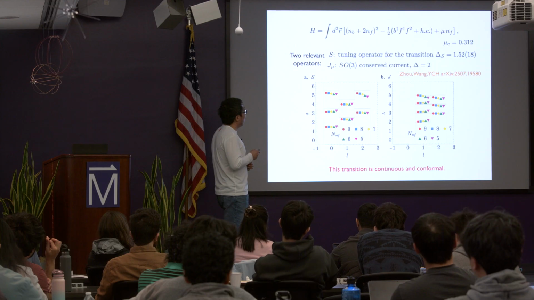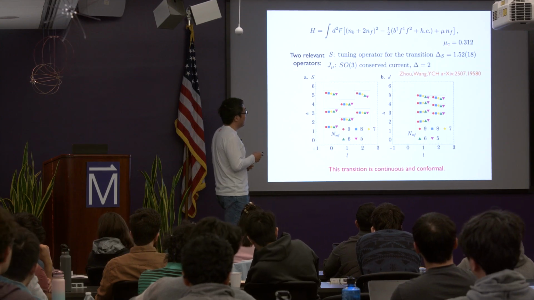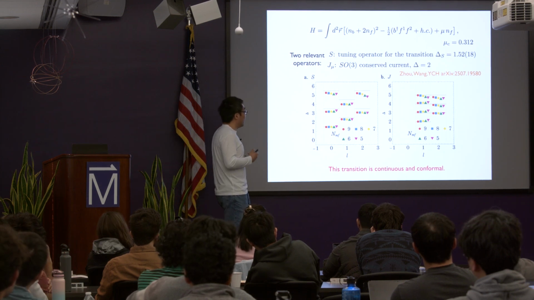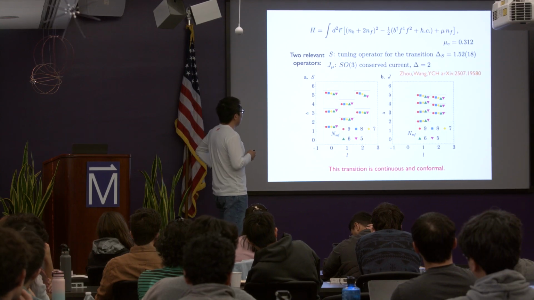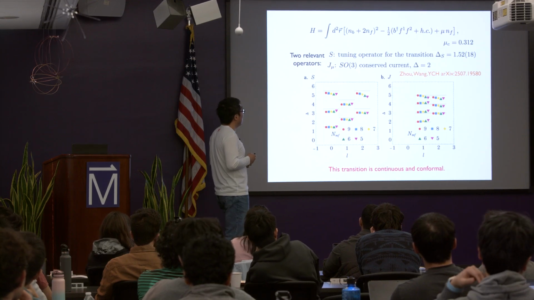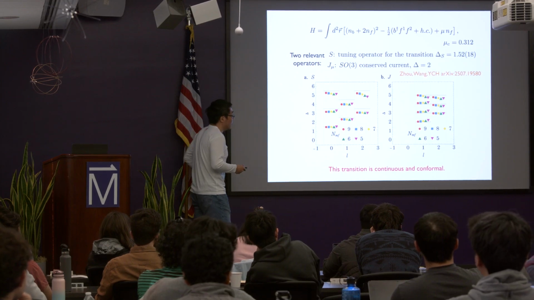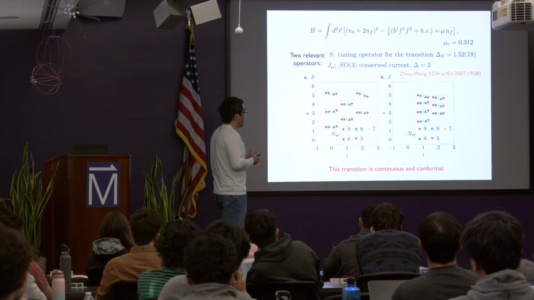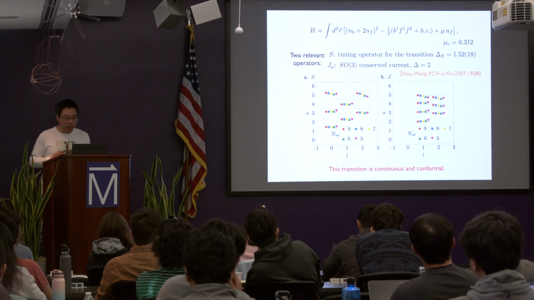One thing I should mention is that in this model there's essentially just one tuning parameter, the chemical potential, and by tuning this single parameter we can achieve very good quality of the conformal symmetry. Among all the operators of this CFT, there are only two relevant operators. One is a singlet operator, which is the tuning parameter for the phase transition, and we get its scaling dimension. The other operator is this conserved current, which exists for any CFT with a continuous symmetry.